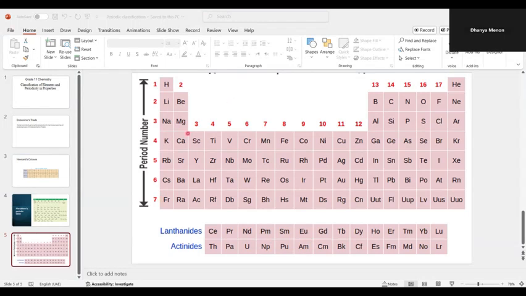These are the horizontal groups: 1, 2, 3, 4, 5, 6, 7, and 8.